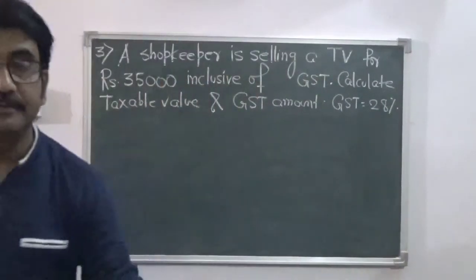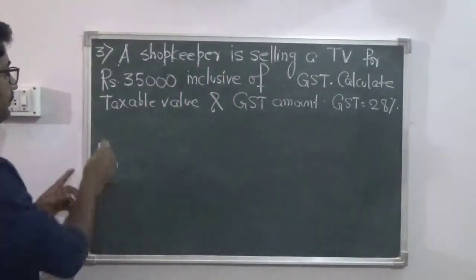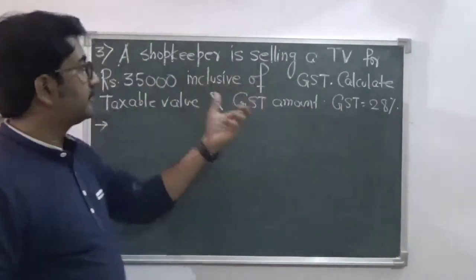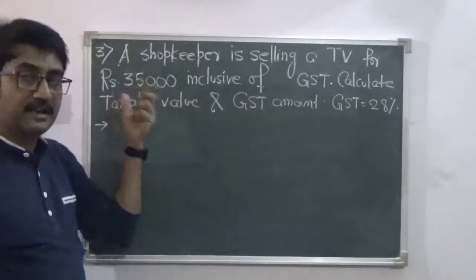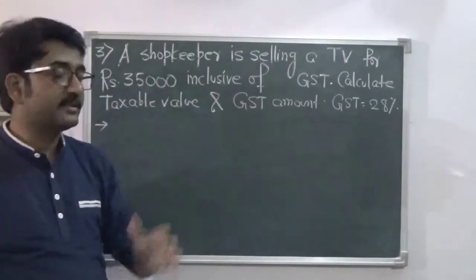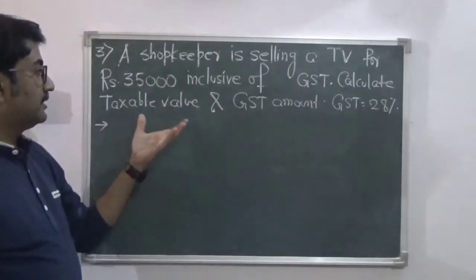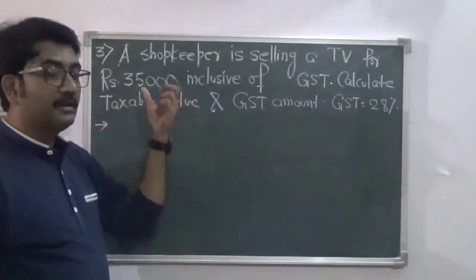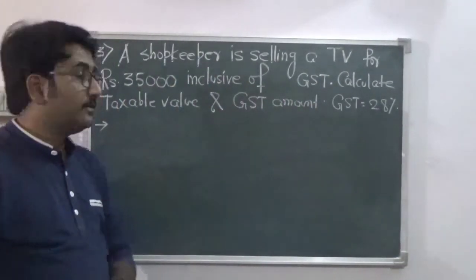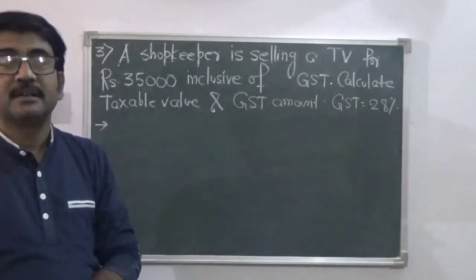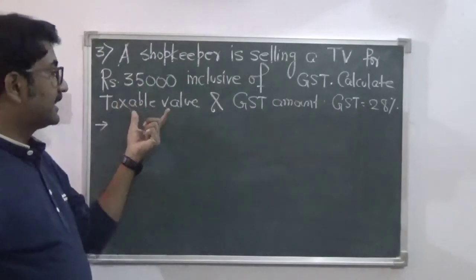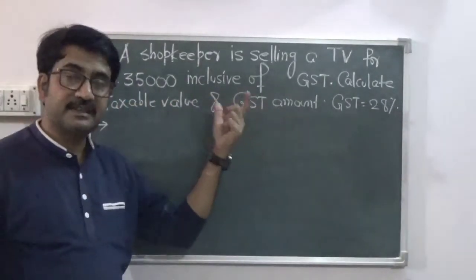Now this is a little different from the last two. Here you are given the price of the TV, the SP of the TV, 35,000, which includes the GST at the rate of 28%. So you have to find the taxable value and GST amount, because 35,000 is the value of the TV which includes the taxable value as well as the GST amount.